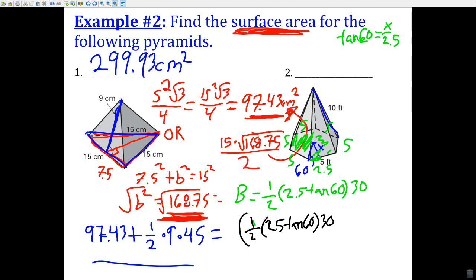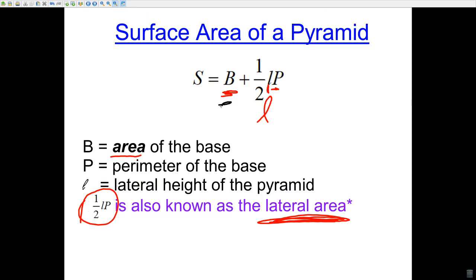I put this almost all in parentheses in the calculator, right? Or you could write 0.5 over here. So it's base plus, I can even go check right now. What is it? Base plus 1/2 slant height times perimeter.